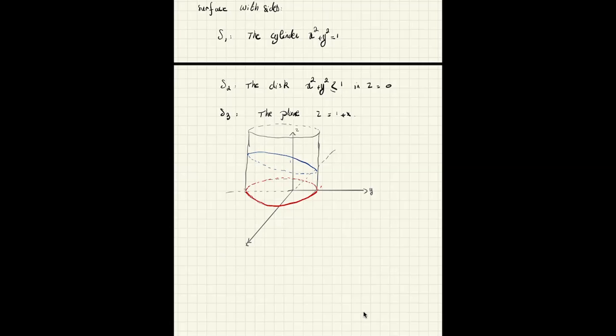But it doesn't go through the origin, so the intersection will be above.